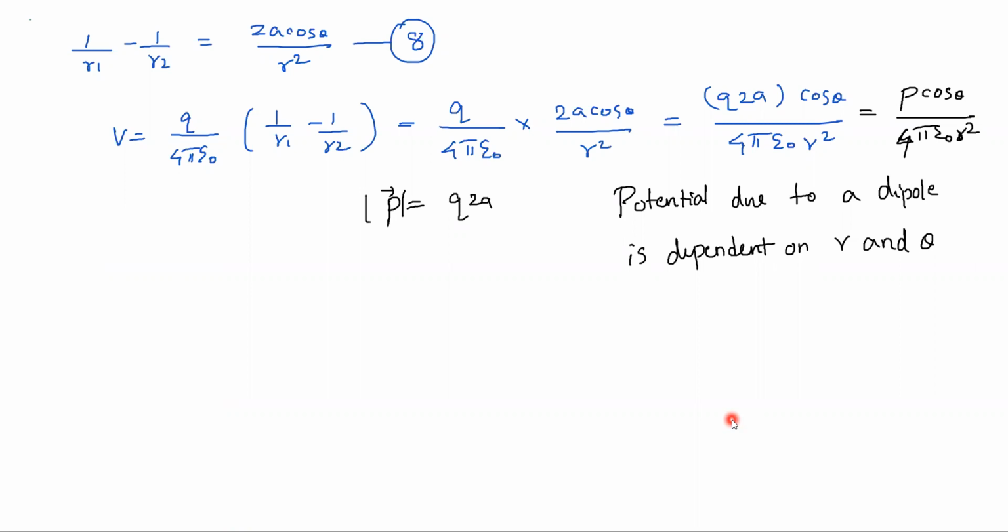Sorry, your voice is breaking, can you come again? R square is very large and a is very small. So why can't we approximate and say it's equal to 0? We can't do that. Then what's the use of doing this derivation? We need some value.